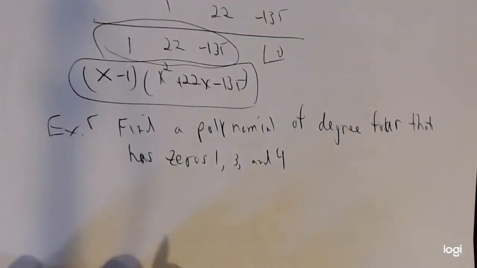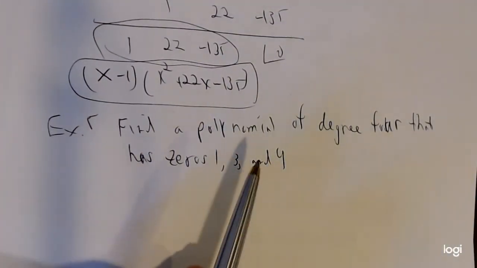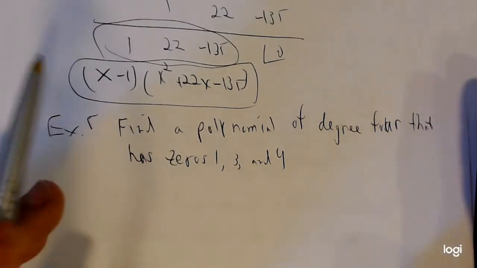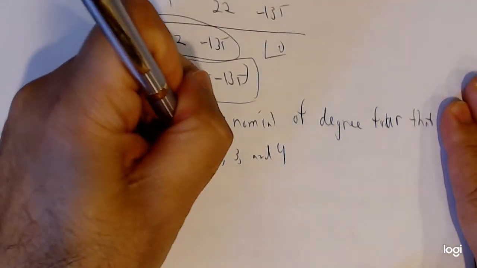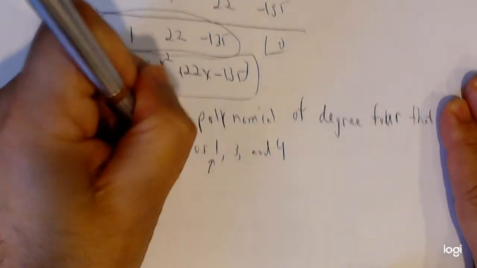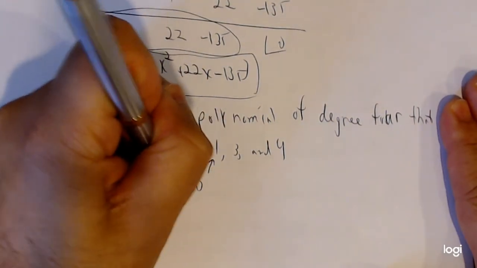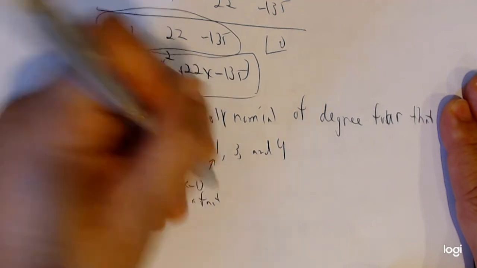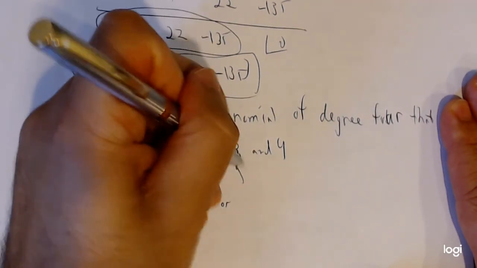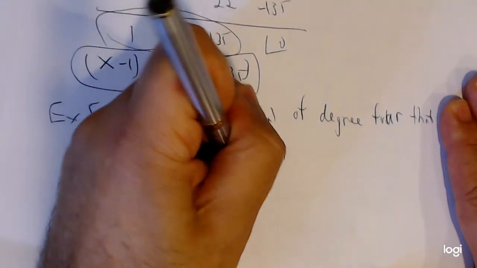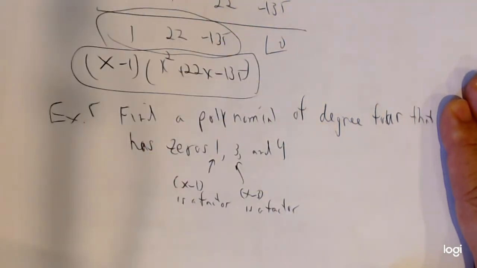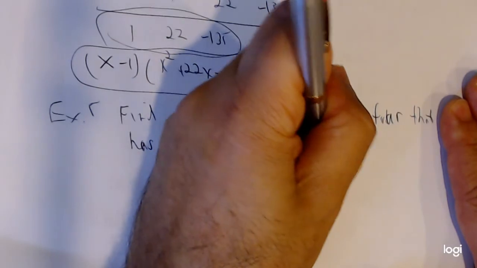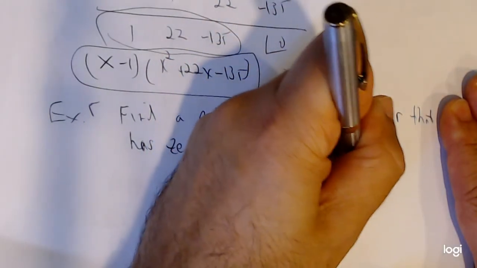Let's go one step at a time. My polynomial has to be of degree 4. Since we have a 0 of 1, what does that mean? X minus 1 is a factor. And if 3 is a 0, then x minus 3 is a factor. I'm just using my factor theorem. If 4 is a 0, then x minus 4 is a factor.